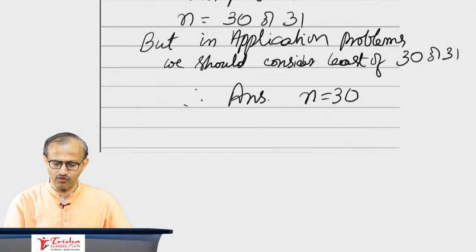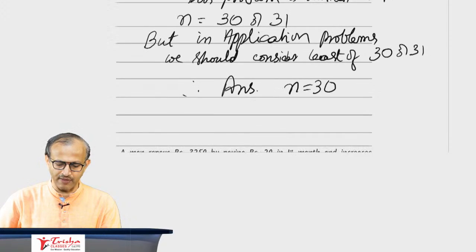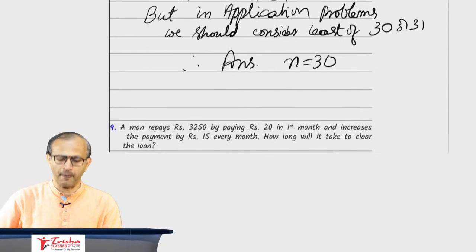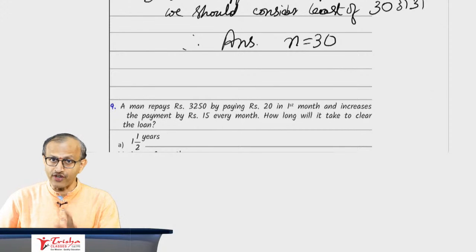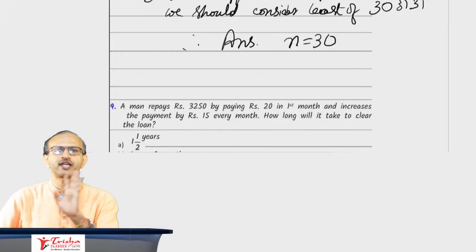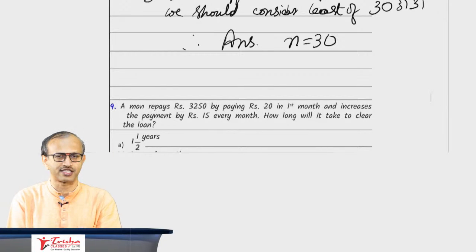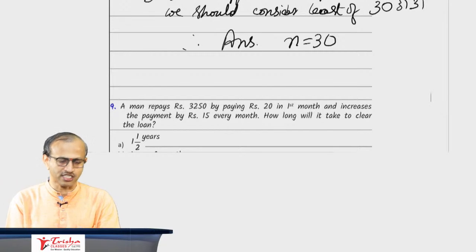So, to conclude, please make a note. This is similar to the previous one. N can be 30 or 31, but in application problems, you should consider the least of those two, if at all they are positive. If one is positive and one negative, that question will not arise. When both are positive integers, you have to take the least of these two.